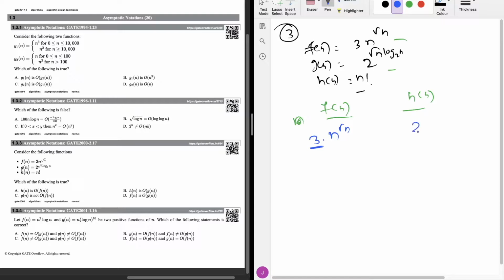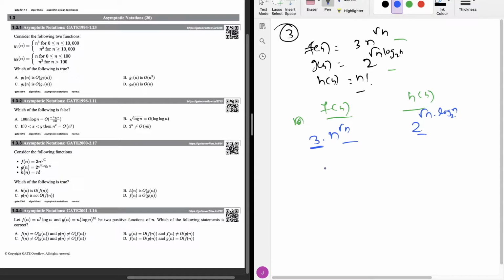And here h(n) is given as 2 power root n log n base 2, right? You can apply this in any type of question: if two functions are given and you don't have the idea to find out which one is greater and which one is smaller, just apply the logarithm.